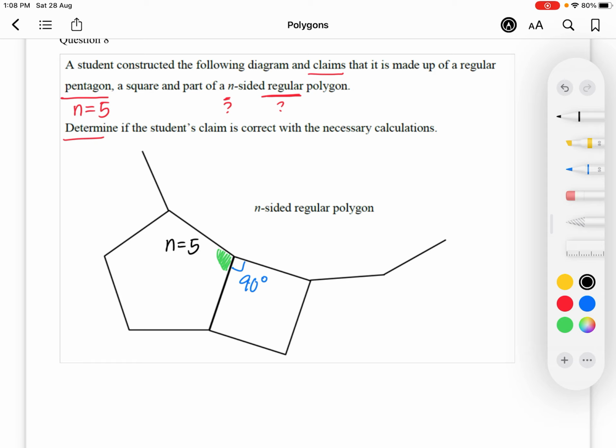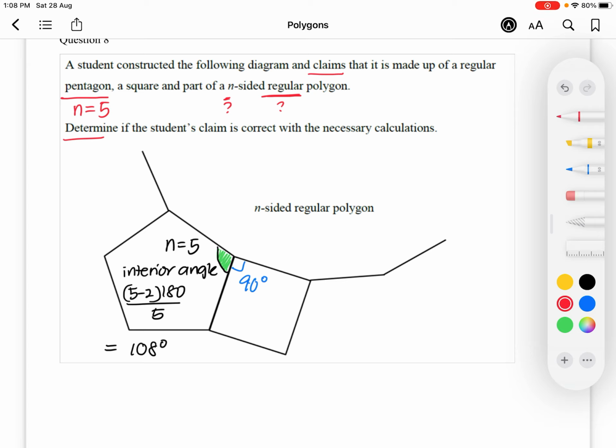So we are going to find the interior angle of a pentagon. That will be 5 minus 2 times 180 divided by 5 to be the number 108 degrees. So showing that this angle is 108.